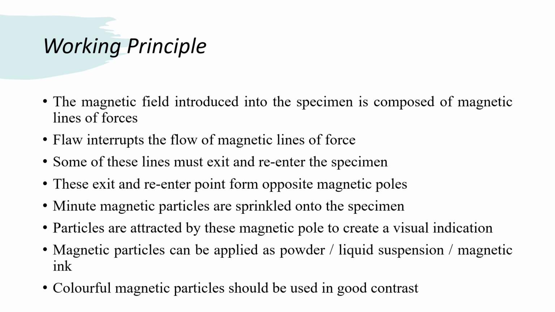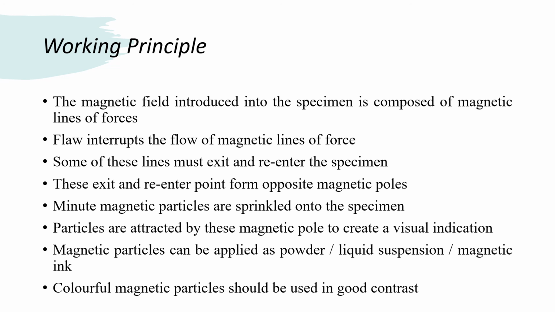For maximum sensitivity, the flux density should be oriented 90 degrees to the discontinuity. However, it is generally possible to detect flaws which lie up to about plus or minus 45 degrees to the direction of flux lines.